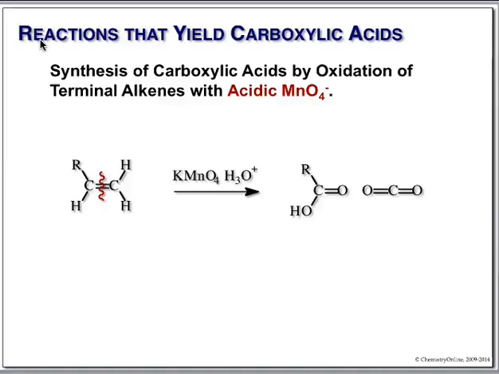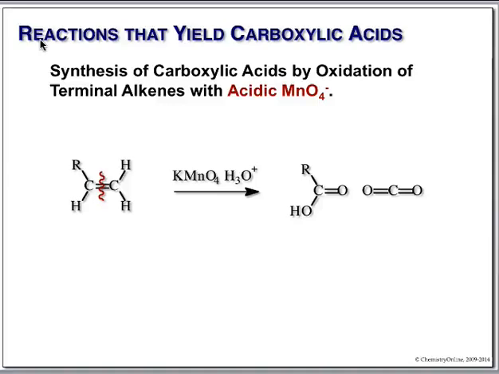Chapter 6. Basically, we're just using permanganate to burn our double bond. If we have a hydrogen, we get a carboxylic acid. If we have two hydrogens, we get CO2. Again, if we have two alkyl groups, we get a ketone.